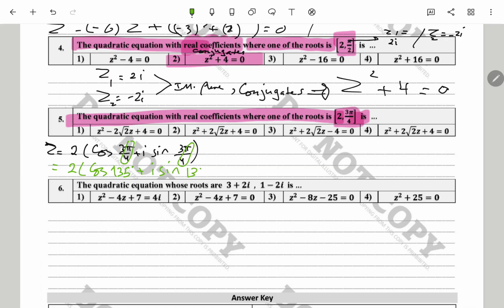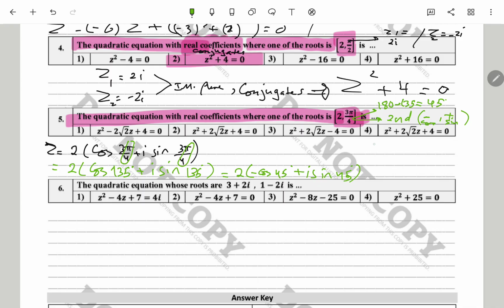And here, sine 135 degrees, it is in the second quadrant, and that means it has a negative sign for cosine and positive for sine. And it is from the family of 45, because 180 minus 135 in the second quadrant will be 45. So you can change this to be 2 bracket negative cosine 45 degrees plus i sine 45 degrees.